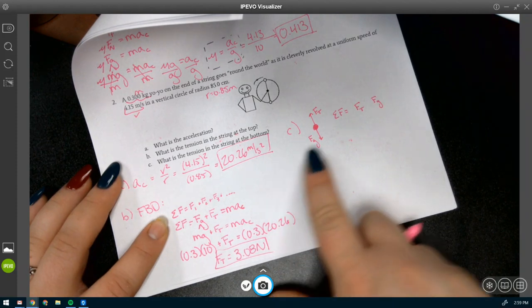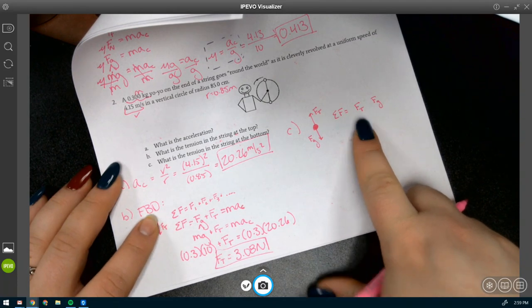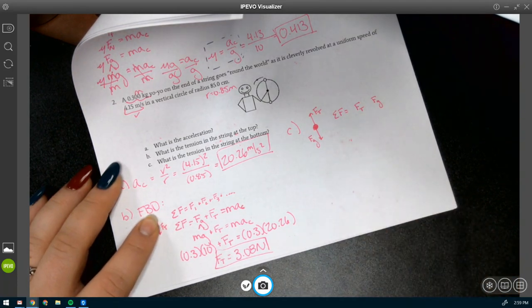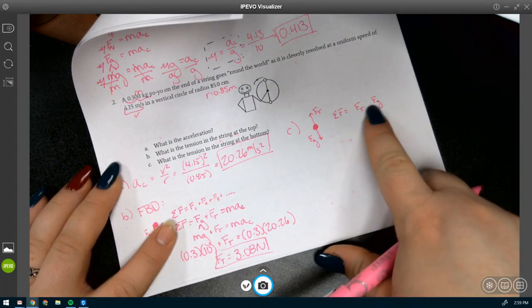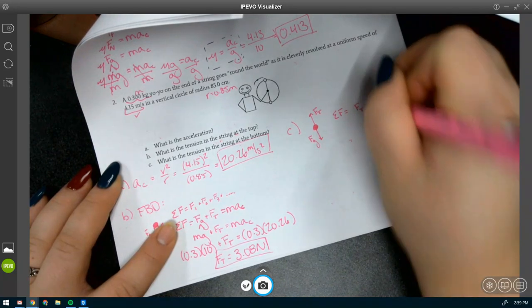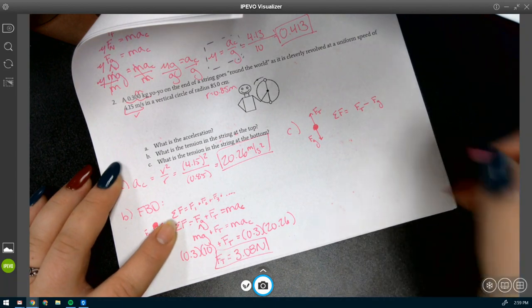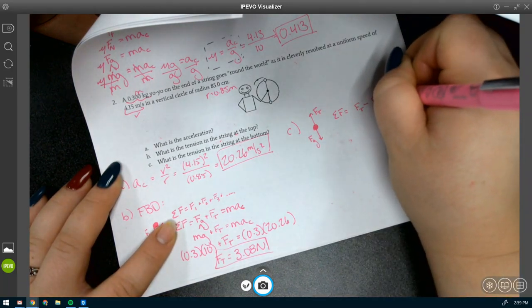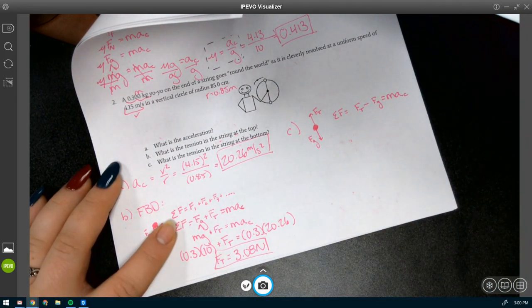So in part C, after we draw a diagram and we do the sum of our forces, is it FT or FG pointing into the circle? This time it's FT. So FT is positive and FG is negative because FG is pointing out of the circle. And then all of this is still equal to mac.